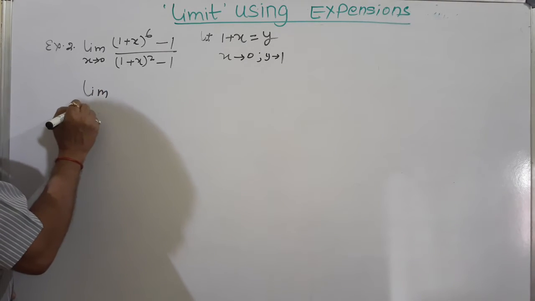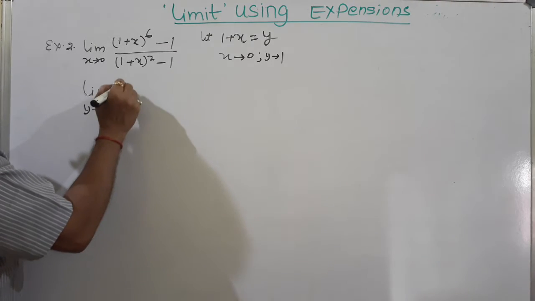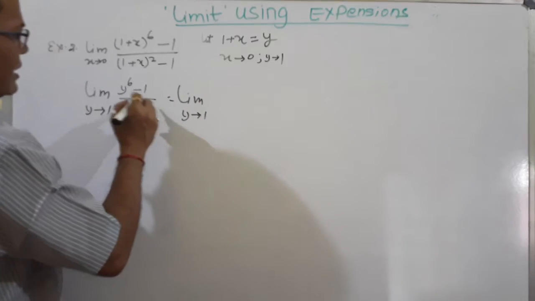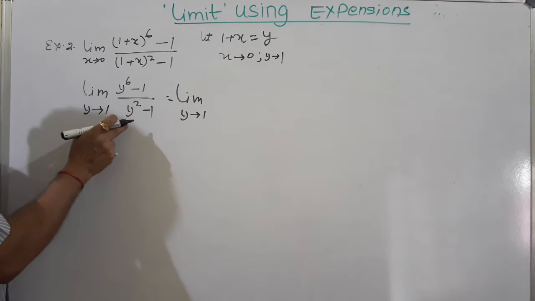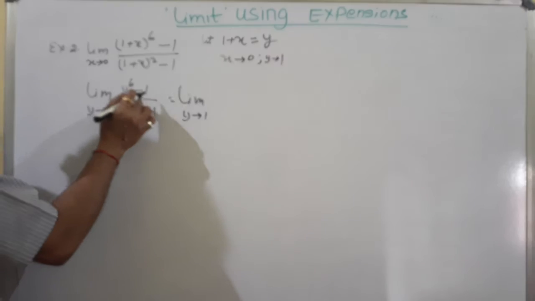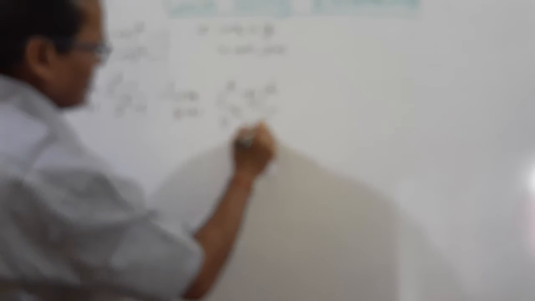Limit y tends to 1, y to the power 6 minus 1 divided by y square minus 1. Then how do we get the formula? y to the power 6 minus 1 to the power 6, divided by y square minus 1 square.